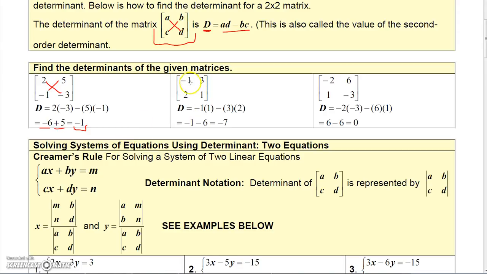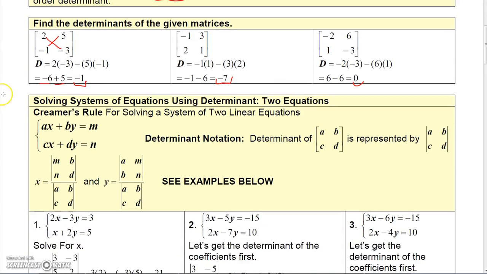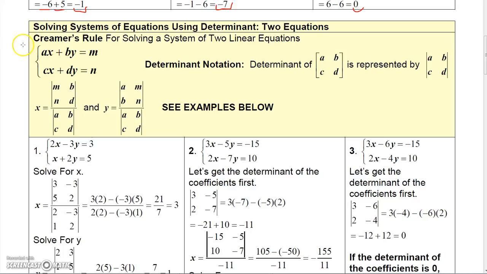If I want to calculate this determinant, minus 1 times 1 minus 3 times 2 would be minus 1 minus 6, which is negative 7. And then if I want to calculate this determinant, minus 2 times minus 3 minus 6 times 1 would be positive 6 minus 6, which is 0. So be careful with the calculations. They seem simple, but the minus sign can get you.